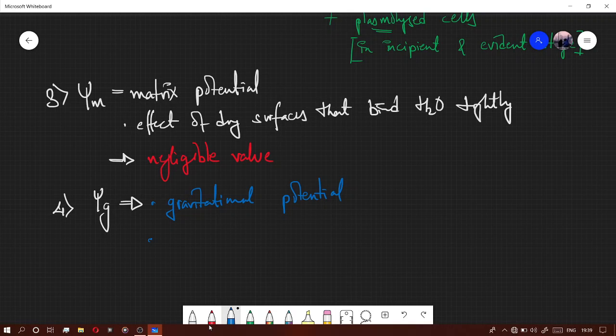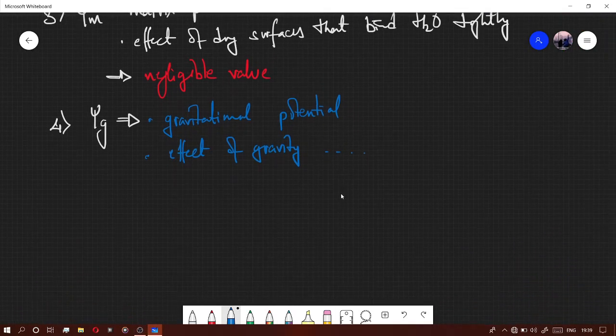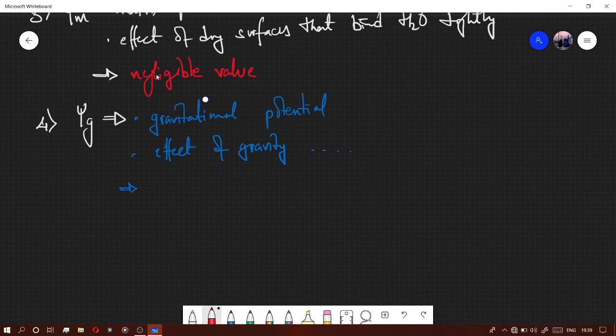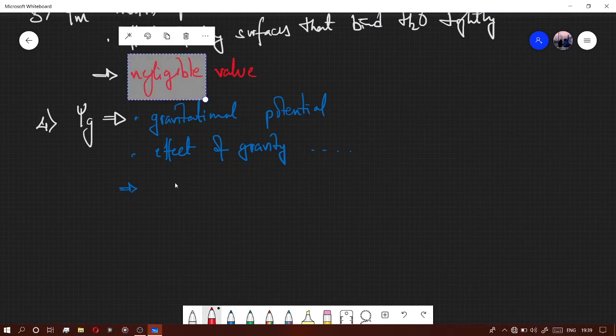It is the effect of gravity on free energy of H2O at NTP. You can write that by yourself. And the thing is that its value is negligible, right?